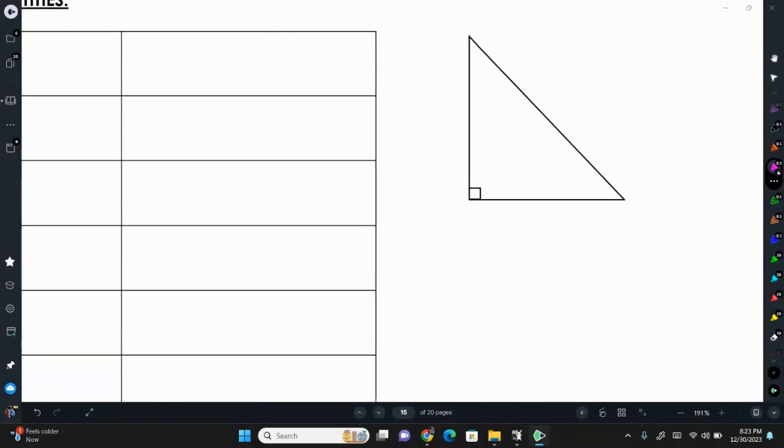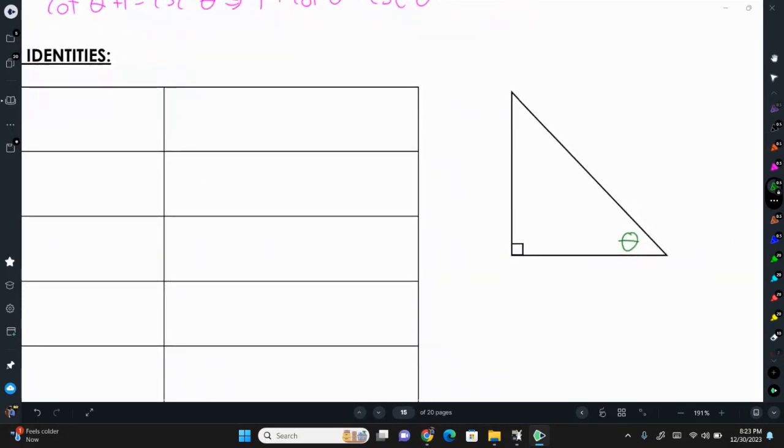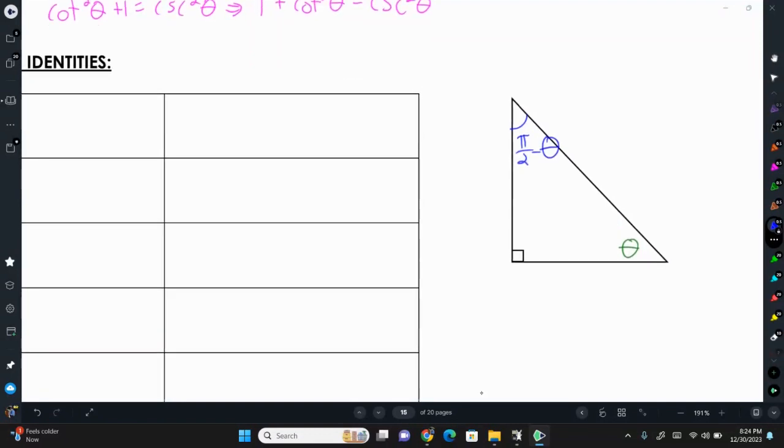So we'll have a triangle here, and since it's a right triangle, if we call this angle theta, then this acute angle up here, well, if we have a 90-degree angle and this angle here in green, this angle in blue has to be 90 minus my green angle, or pi over 2 minus theta, because remember, pi over 2 is 90 degrees.